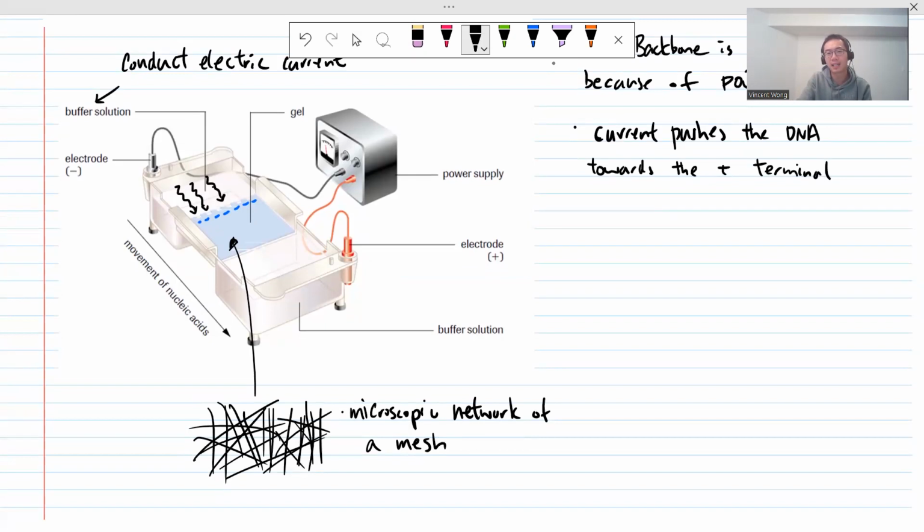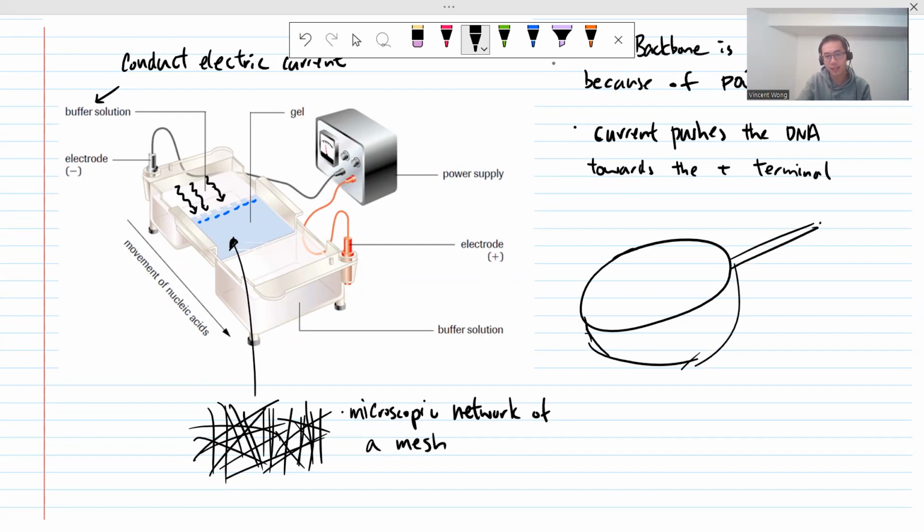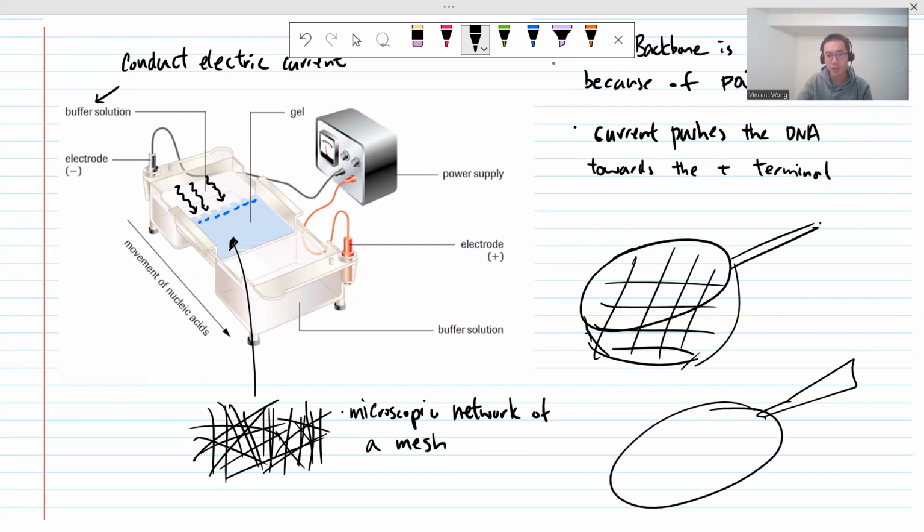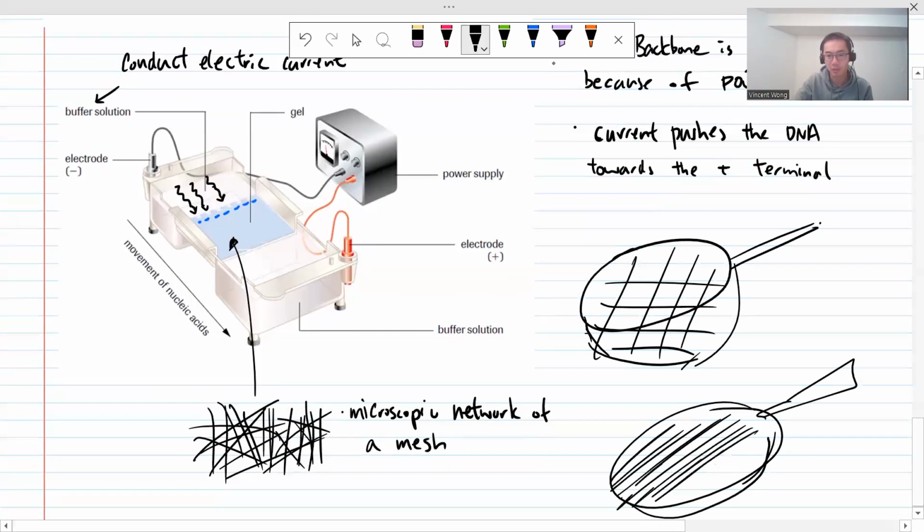Think of it like a strainer that you might use for cooking. If you want to drain the liquid from your pasta, then the strainer has really big holes. But if you want a strainer to clean your rice, then the mesh has to be much tighter, right?